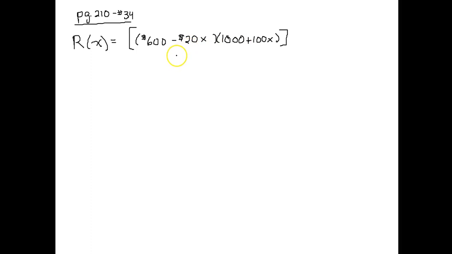The amount they sell it for is going to go down $20. All right, so you work that out, and you get a nice revenue function. Go ahead and multiply it out. I'll trust you to do that part on your own. And you end up with negative 2,000 x squared plus 40,000 x plus 600,000.